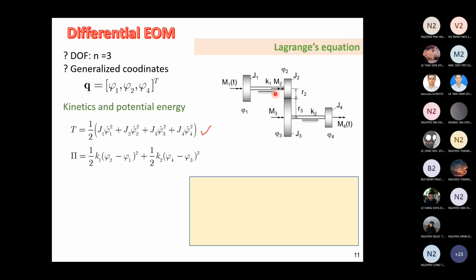And you see that the axis here is the connection between the second disc and the first disc. The rotation is the relative rotation for the angle, which is phi 2 minus phi 1. And also the second axis, the angle for this torsional vibration is phi 4 minus phi 3.